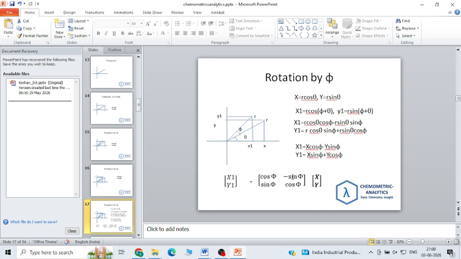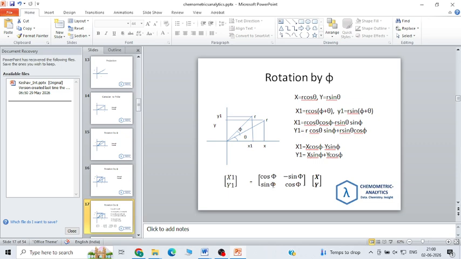If I project this through this space, cos phi, sine phi, cos phi, you get a new x1 and y1. You will get as many x1 and y1 as many phi's you can have. For example, if you put phi equal to 45 degrees, you get the rotation matrix corresponding to that. You can put 60 degrees, and you will get a projection matrix corresponding to that.